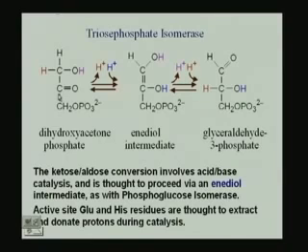When we have dihydroxyacetone phosphate, what are we talking of? We are talking of a ketose, right? When we have glyceraldehyde 3-phosphate, we are talking of an aldehyde, right? So there has to be an enediol intermediate that is going to take you from the ketose to the aldehyde.